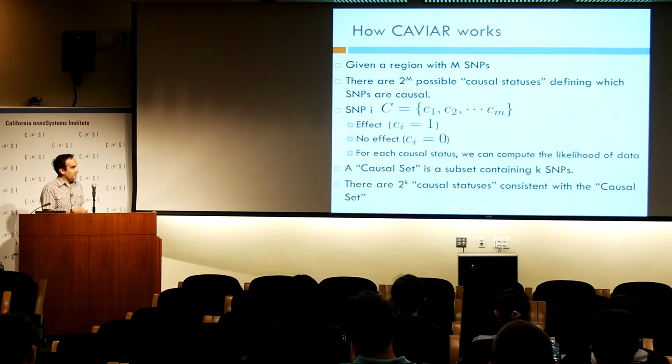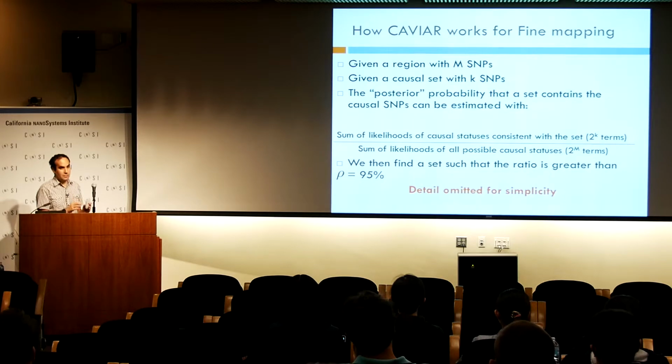And then here is a very crude representation. Given this region of m SNPs, given a causal set with k SNPs, the posterior probability, in quotes, that a set will contain the causal SNPs can be estimated with essentially this: the sum of the likelihoods of all the causal statuses consistent with the set, which is the 2 to the k terms, which are the possibilities that only the SNPs inside the causal set are the causal variants, divided by all of the possibilities, right?